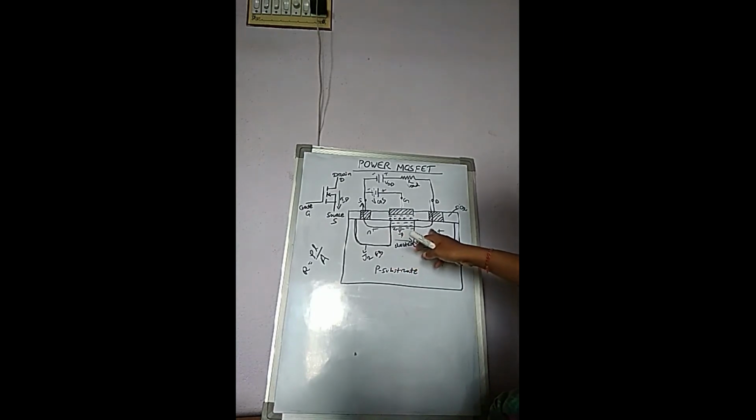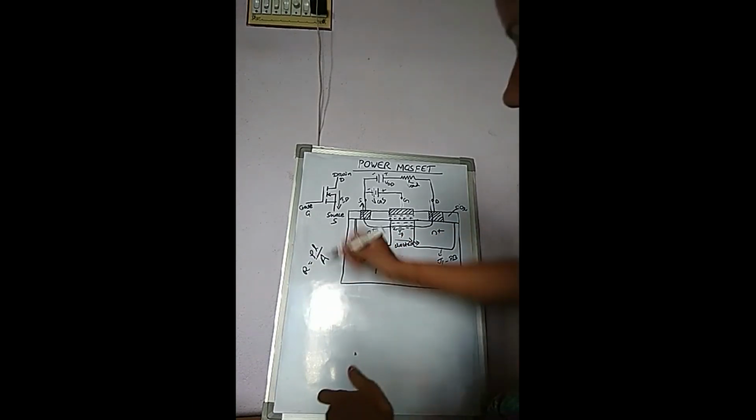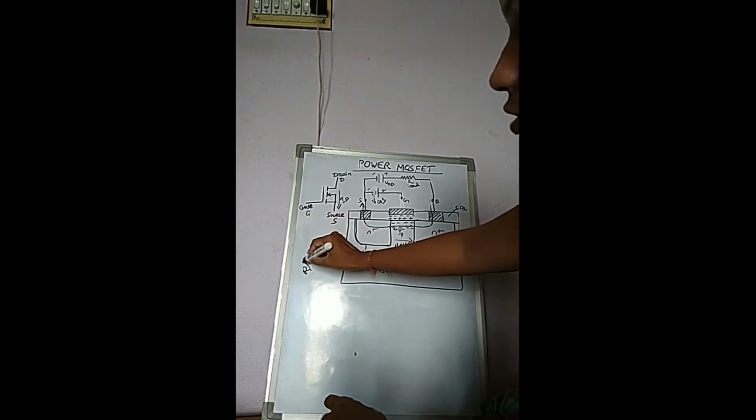The N channel between this drain and source has the greater depth, and due to this length there is development of large on state resistance. See, if length increases, then resistance also increases.